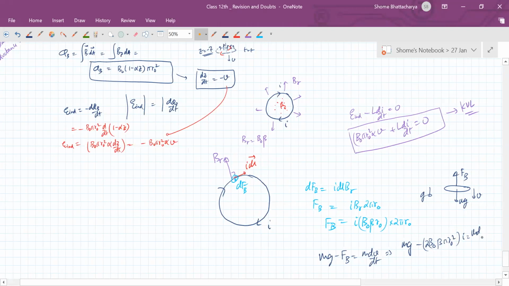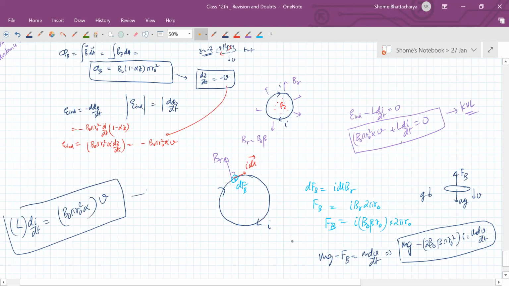So you can see you have a coupled differential equation kind of thing. You have here L di by dt is equal to B naught pi r naught square alpha into v. Okay, this is your first equation.